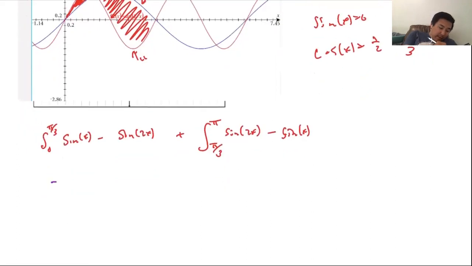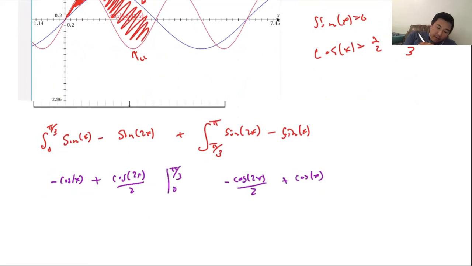So this is negative cosine x plus cosine 2x over 2. So it's negative cosine 2x over 2 plus cosine of x from 0 to pi over 3, plus the same from pi over 3 to pi.